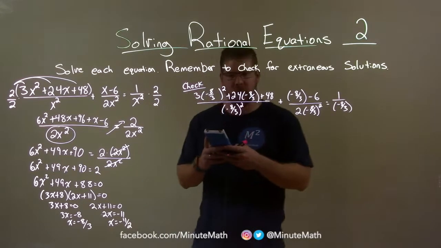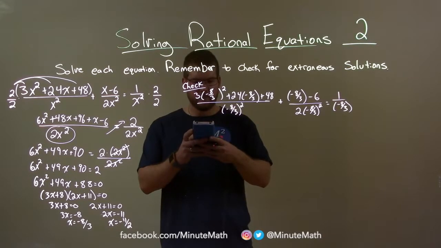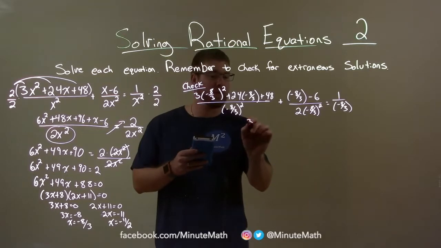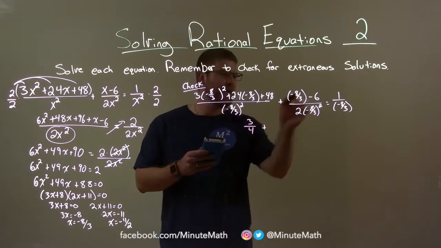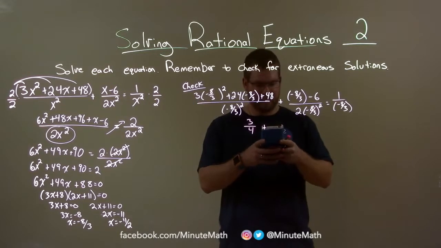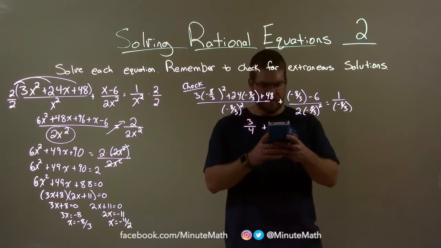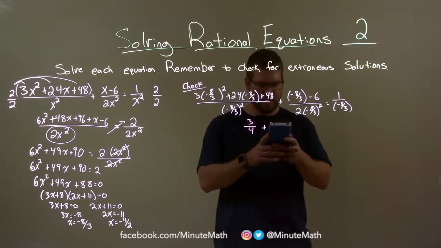That's about 5.3 repeating, divided by negative 8/3 squared, and this as a fraction is just 3/4. Plus negative 8/3 minus 6, calculators are wonderful things, divided by 2 times negative 8/3, again squared.